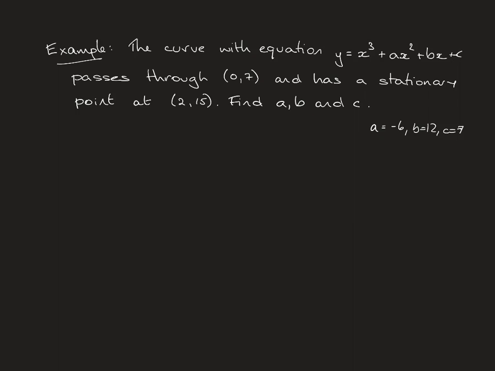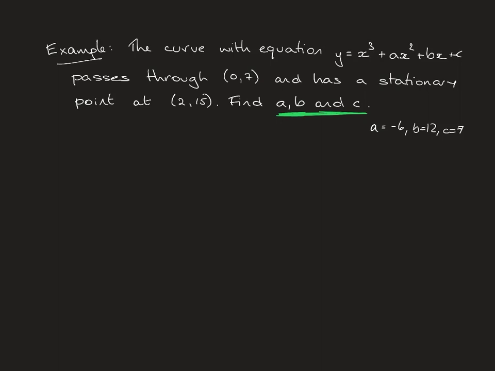So this question here: the curve with equation passes through a point and has a stationary point at (2, 15), and this time they want us to find three pronumerals, a, b and c, which means that hidden in this question must be three pieces of information that I can make an equation with.